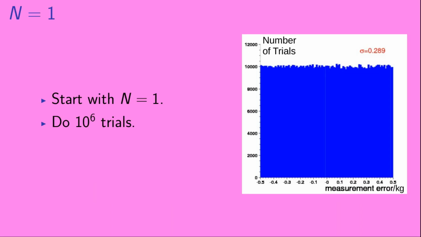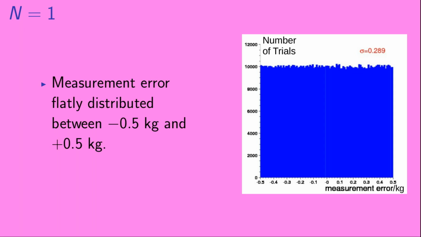Okay, so let's start with the case n equals 1. So in this case, we're just weighing a single object. Again, we're going to do 1 million trials. We can see from the plot that the measurement error is again flatly distributed, and it goes between minus 0.5 kilograms and plus 0.5 kilograms.